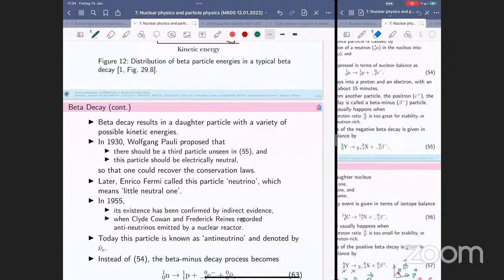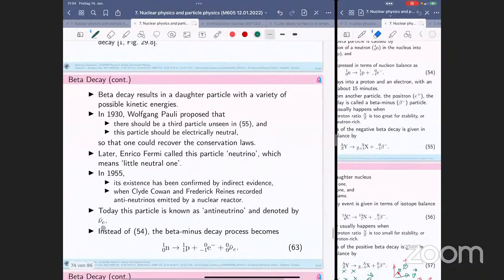They made experiments with nuclear reactions and discovered the anti-neutrinos. Today, this particle is known as the anti-neutrino, denoted by the Greek letter nu with a bar and a subscript e, because it is the neutrino for the electron. It's called the electron anti-neutrino because of the bar, which means anti.